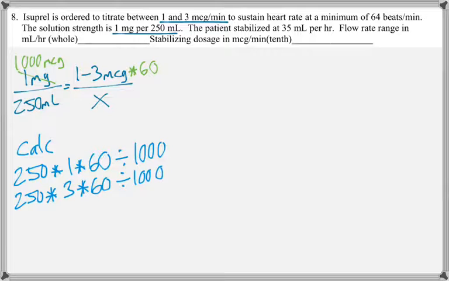So let me just type that out. And we get 15 to 45 milliliters per hour.